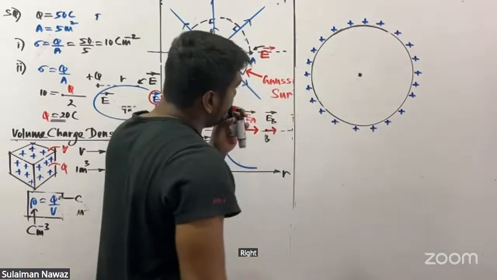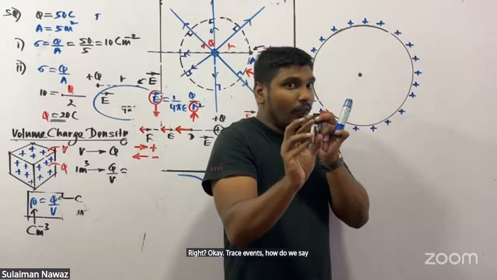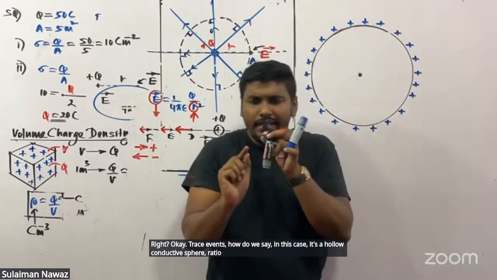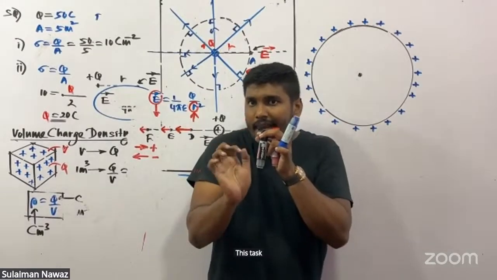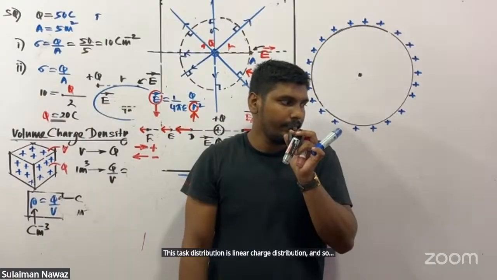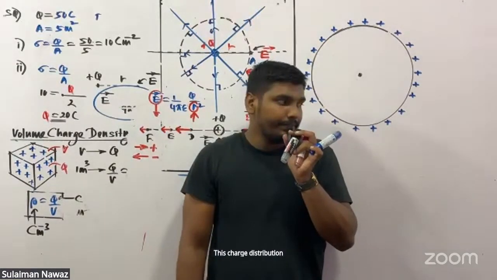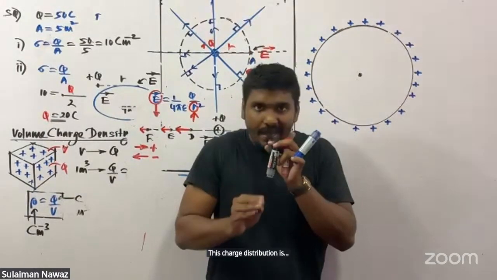Right? Okay. Raise your hands, how many say this is a hollow conductive sphere. Raise your hands, how many say this charge distribution is linear charge distribution? This charge distribution is area charge distribution?